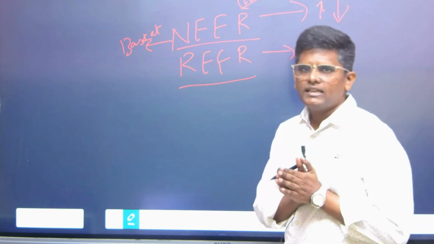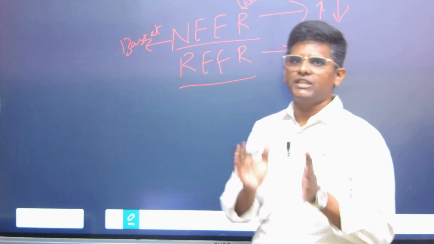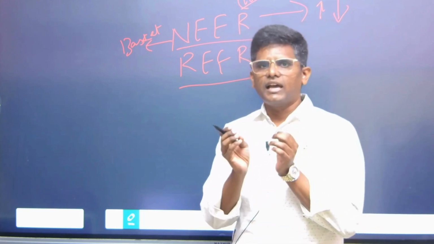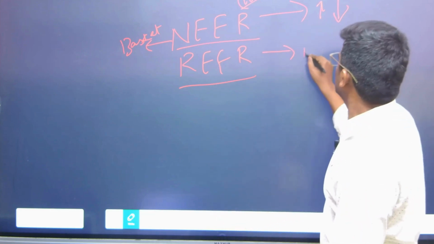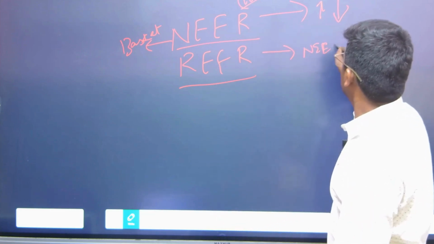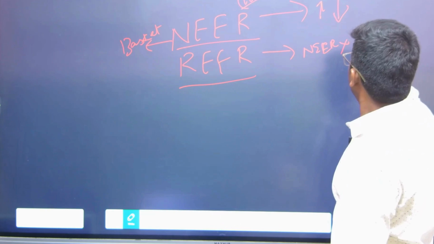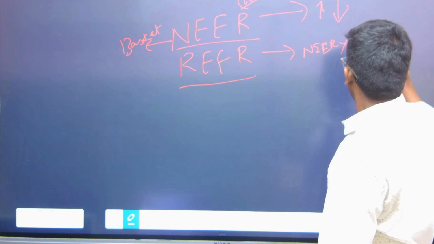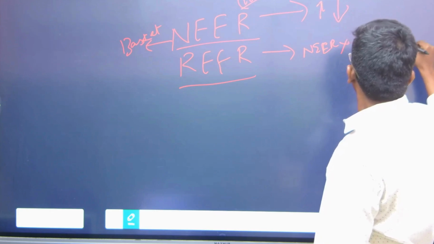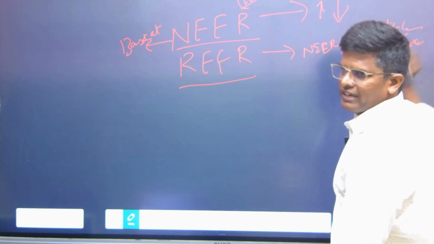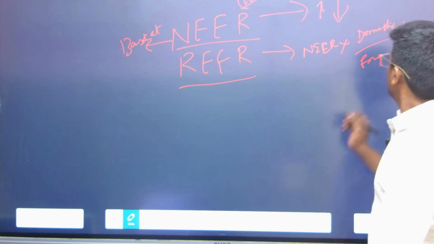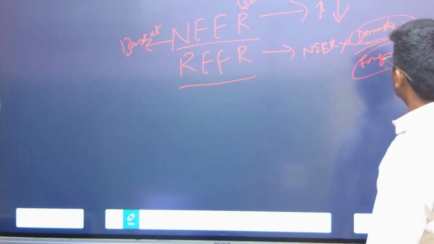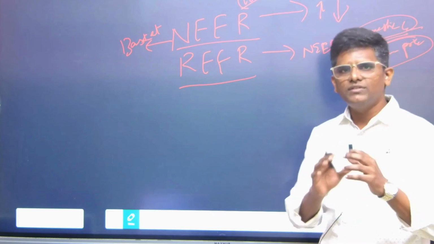Basically RER takes into account inflation, because we are calculating the price levels: NER into domestic price levels divided by foreign countries' price levels, right? So when we are doing this, domestic country price level and foreign country price level, basically what will be the change?